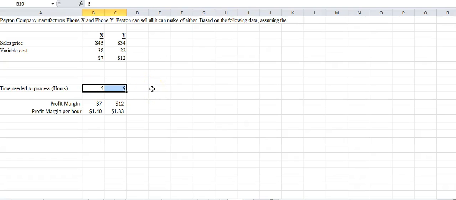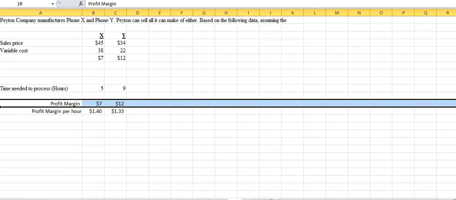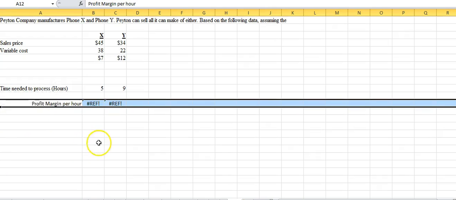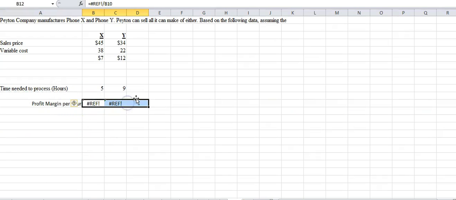Okay, so what I'm going to do is calculate a profit margin per hour. Let me take this out, delete. A profit margin per hour. Okay, now I got this wrong, right? So if I make $7 per each unit, but each unit takes 5 hours to produce, I have a profit margin of $1.40 per hour that I invest.